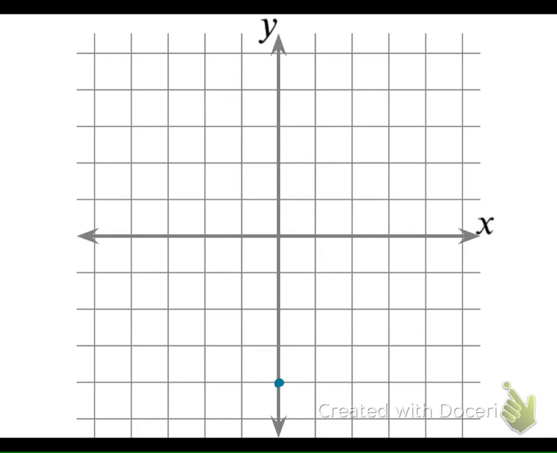If x equals 5, then I know I have to move along here 5. And then it's 5, 0, so I don't go up or down. 5, 0. And then I'm going to draw my line and try my best.